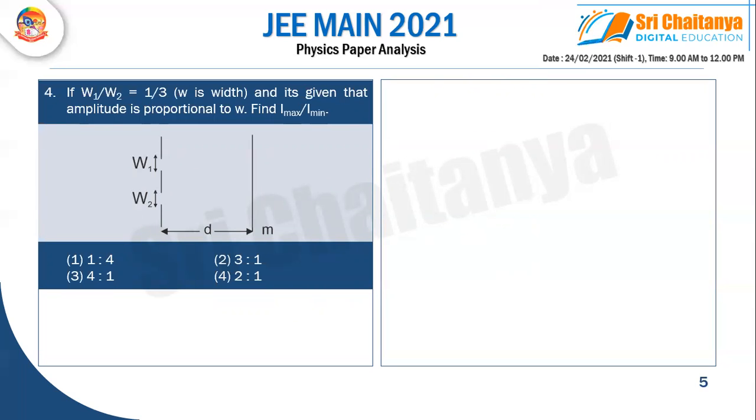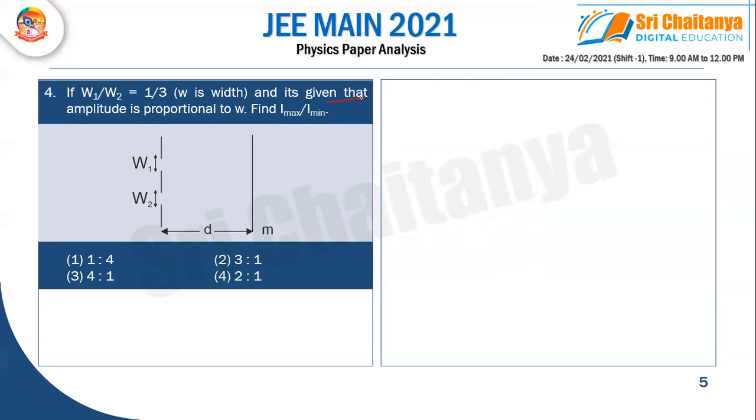Now he says, if W1 by W2, the width of the window, he means, is equal to 1 by 3, and it's given that amplitude is proportional to the width, find I max by I minimum.